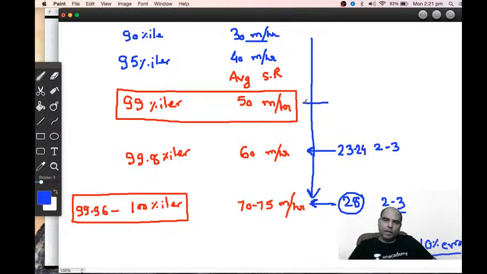You want to hit this zone, you need to be attempting 20 with 2-3 incorrects. Right? If you want to hit this zone, you want to be attempting around 16 with a couple of incorrects. Right? And if you want to hit this zone, on an average you should be solving around 12, 13 with 2, 3 incorrects. So this is the broad spectrum in terms of how much you need to attempt.